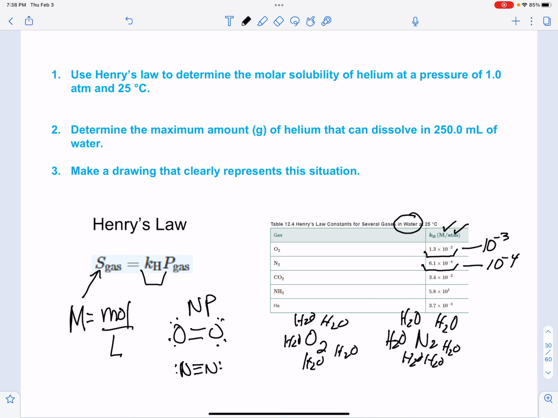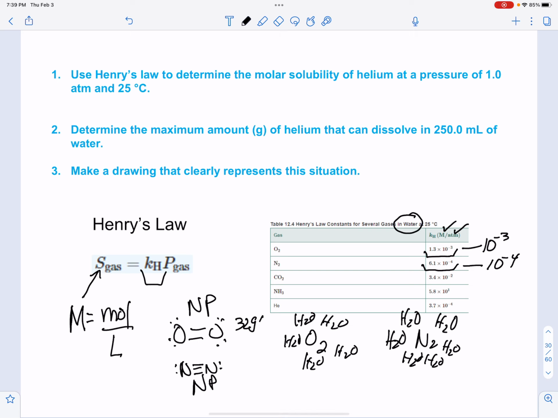You can also see that it's a non-polar molecule. So the interaction with the water for both of them is only dispersion forces. So which one has a stronger attraction for water? Since both of them only have dispersion force, it's going to have to be the one with the bigger mass.